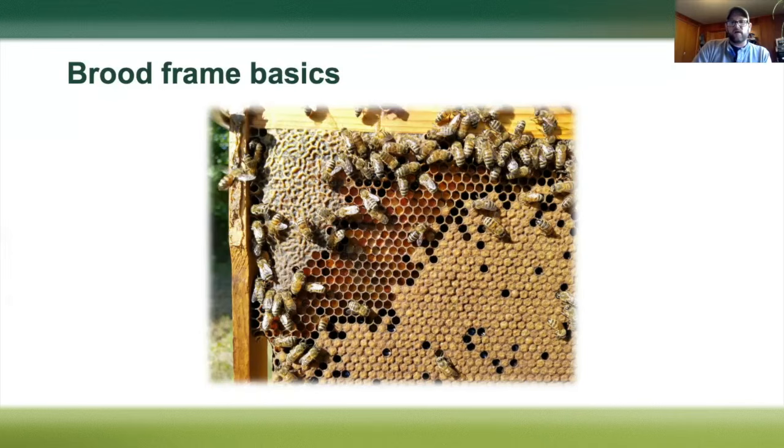So just beyond this pollen band, you can see that this is something that's capped, but it's this real raggedy cappings. That is honey. Now, the big difference between honey and capped brood, and I get all sorts of questions about, is this brood or is this honey?